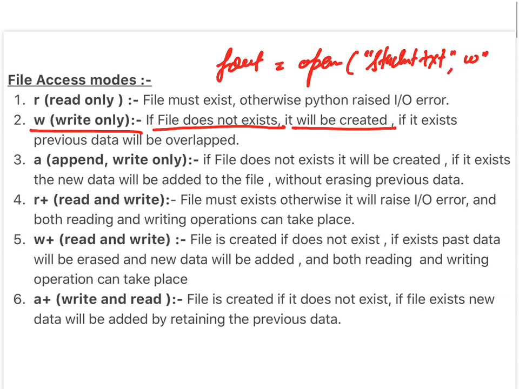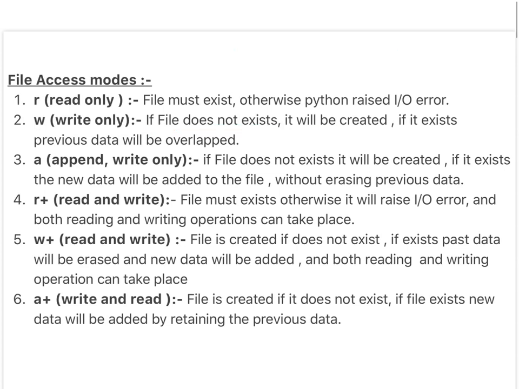So this time, if this file exists, the previous contents will be overwritten and the new contents will take the place of the previous contents. And if it does not exist, the file will be created. So very simple concept. When you are opening the file in writing mode, if the file does not exist, file will be created, and if the file exists, the previous data will be overwritten by the new data. I hope it should be clear.